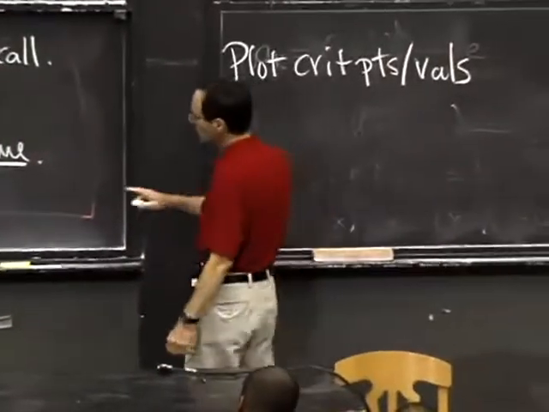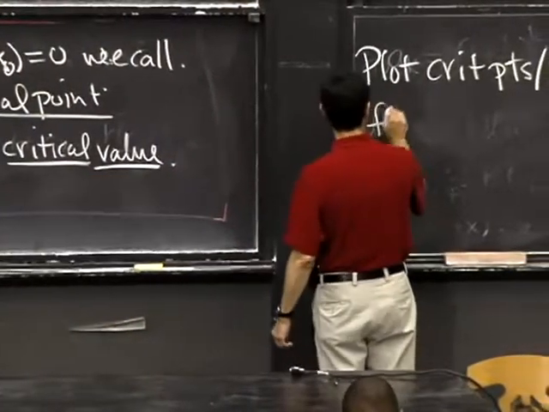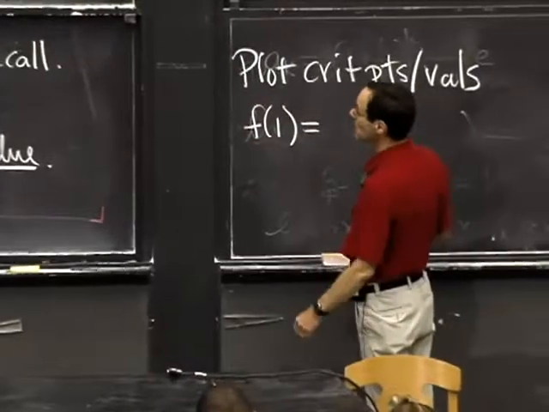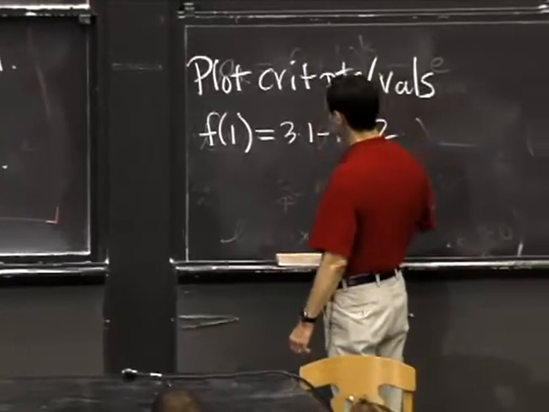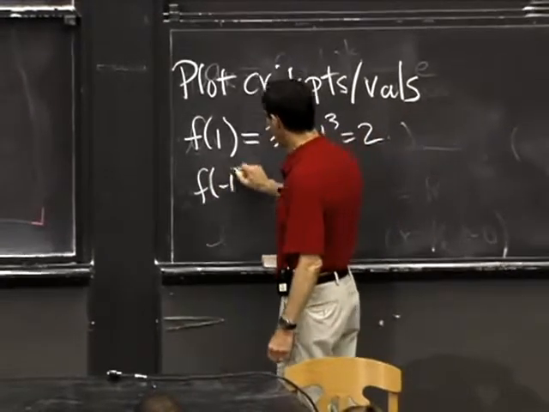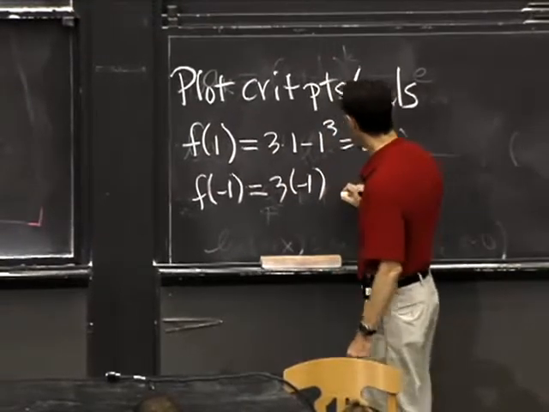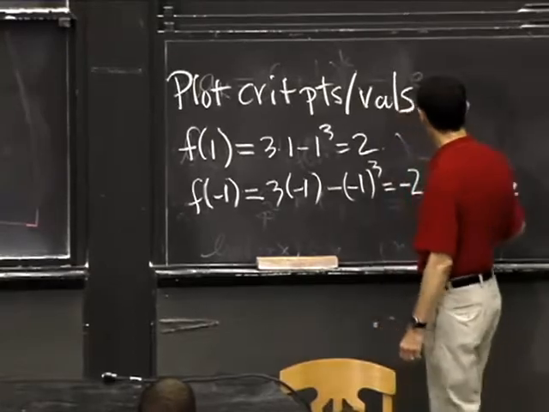And now, in order to get the critical values here, I have to plug in f of 1, for instance. The function is 3x minus x cubed, so this is 3 times 1 minus 1 cubed, which is 2. And f of minus 1, which is 3 times minus 1 minus minus 1 cubed, which is minus 2.